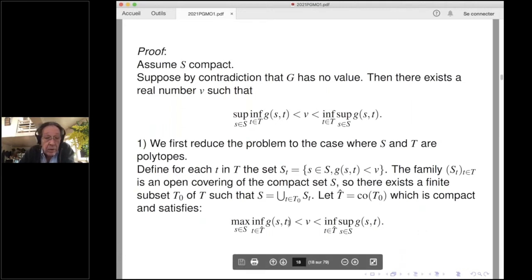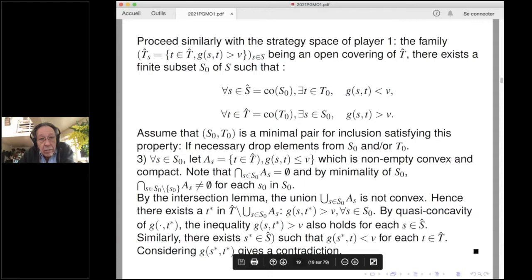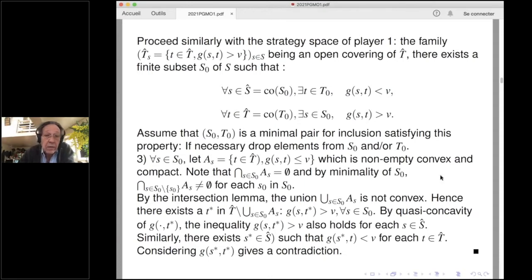But now both sets S and T hat are compact and convex. So I will do the same now using the sets to cover the compact space T hat. Finally, I get the following.